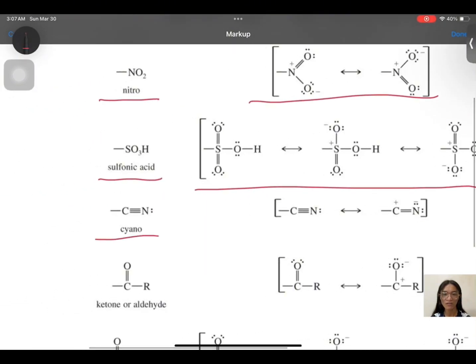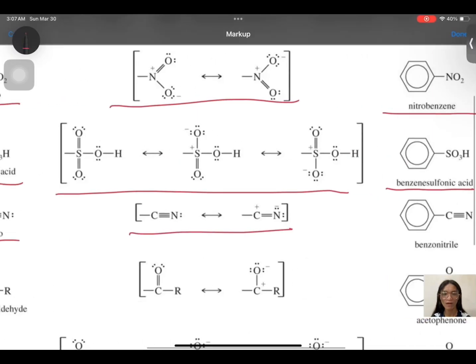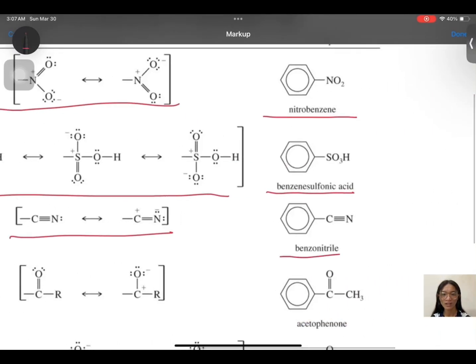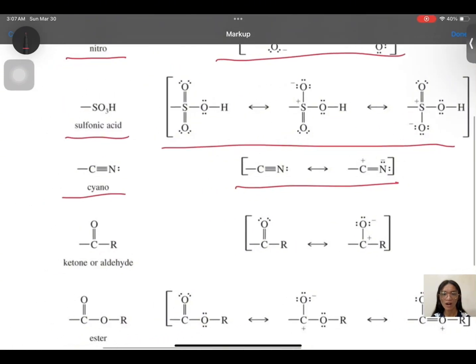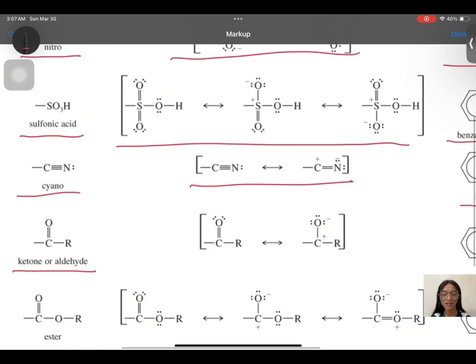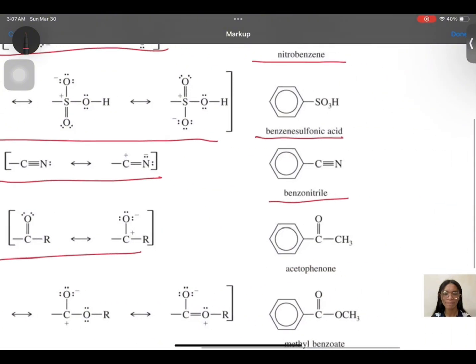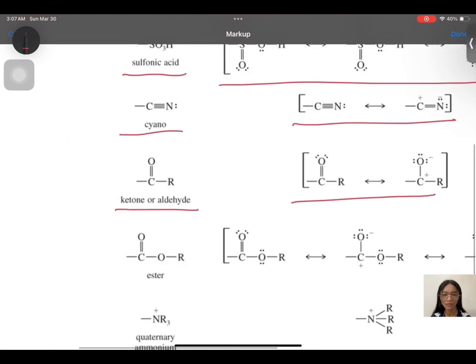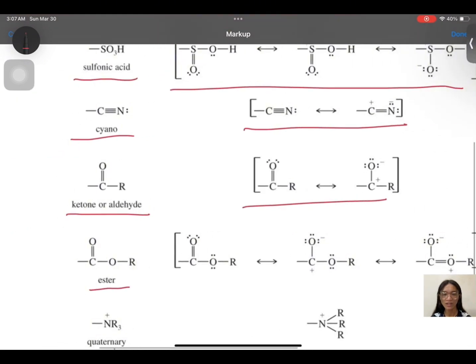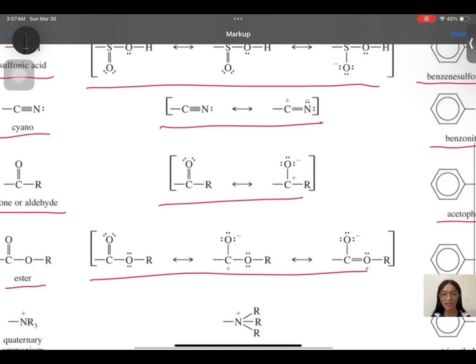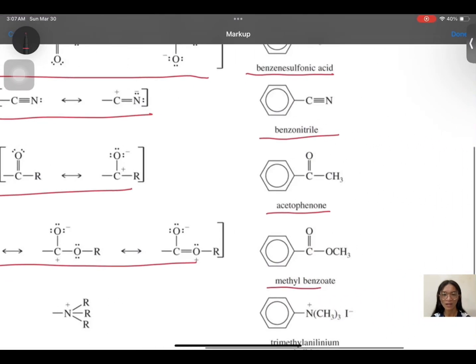This is the resonance form, and the example is benzonitrile. Next is ketone or aldehyde, and this is the resonance form, and the example is acetophenone. Next is ester, then the resonance form, and the example is methyl benzoate.